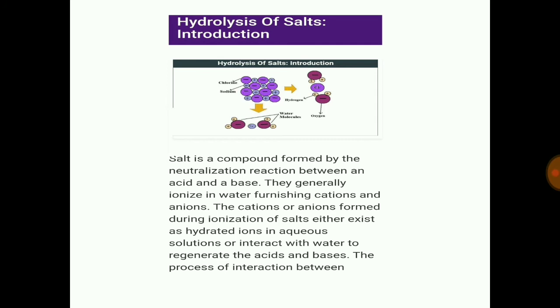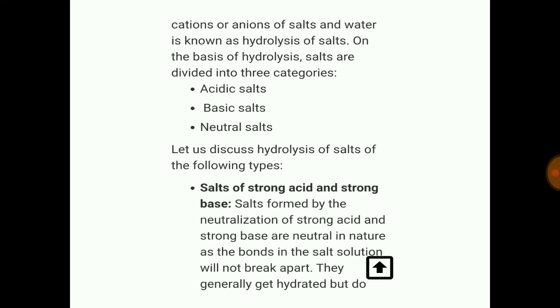The cations or anions formed during ionization of salt either exist as hydrated ions in aqueous solutions or interact with water to generate the acids and bases. The process of interaction between cations and or anions of salts and water is known as hydrolysis of salts.